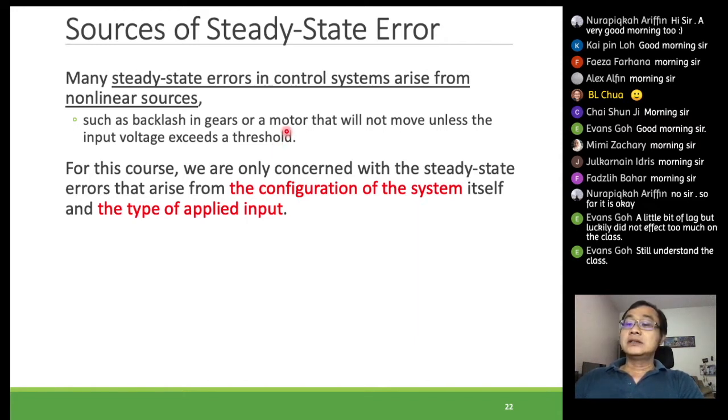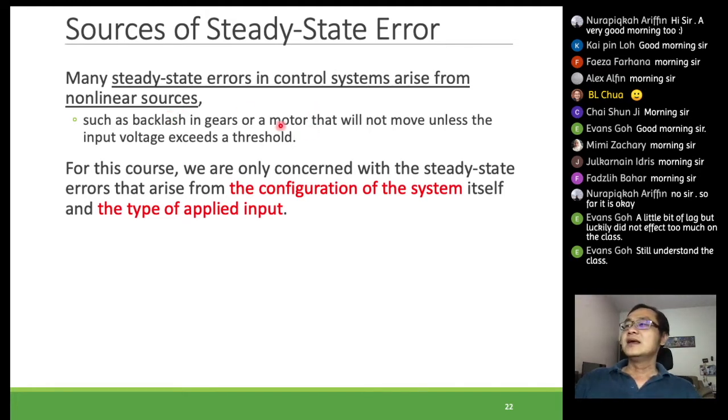Now we also want to address the source of the steady state error. The source of the steady state error mainly comes from different sources. It can be due to non-linearity of the system, like backlash in the gears, motors, and so on.